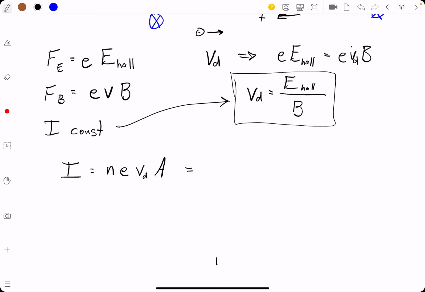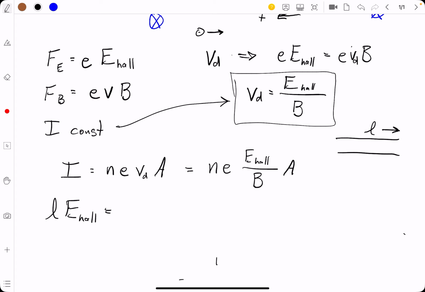And that equals our number of electrons, and then the drift velocity is E Hall over B, and then we're going to multiply that by our A. Now, the E Hall, if we multiply L times it, and then we have this whole thing going some distance L. Okay, so our negative charges are marching along this distance L. Our positives going the other way.